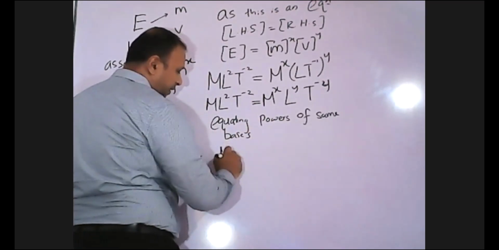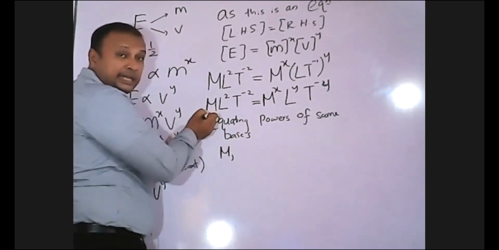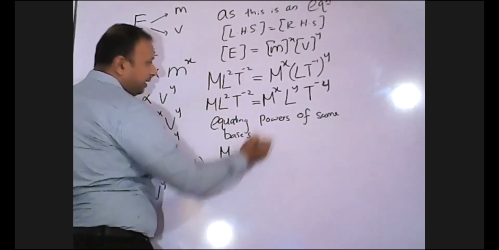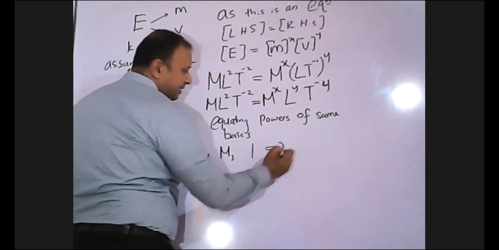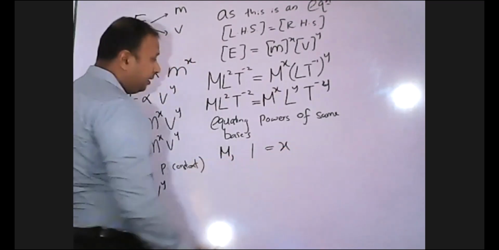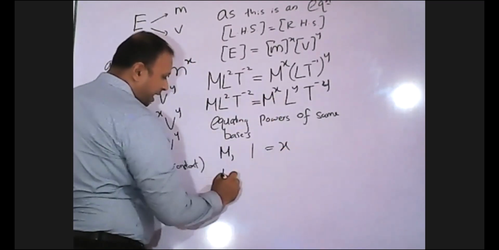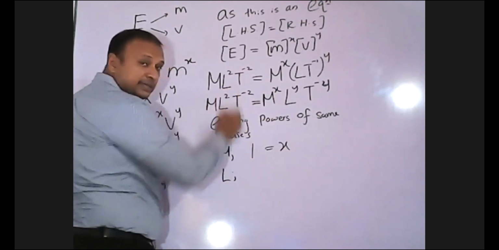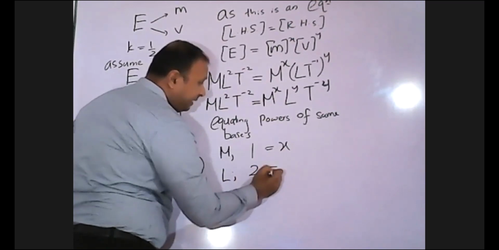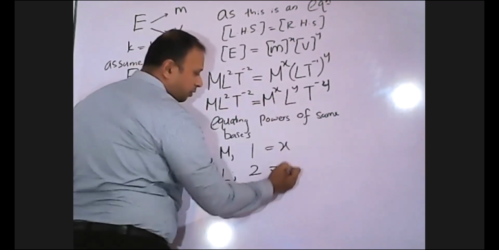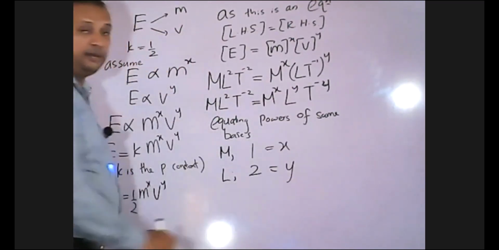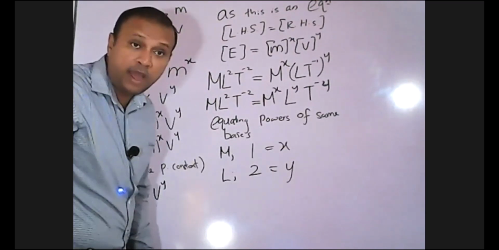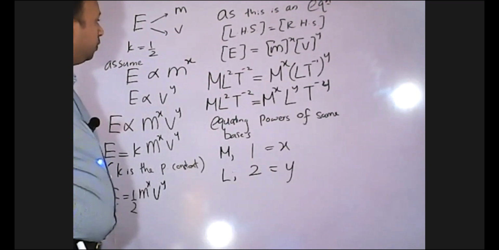If I equate the power of M on the left-hand side, the power of M is 1. On the right-hand side, the power of M is X. So X is equal to 1. If I compare the power of L, on the left-hand side the power of L is equal to 2. On the right-hand side, the power of L is equal to Y. From that, I can determine X and Y. X is equal to 1, Y is equal to 2.